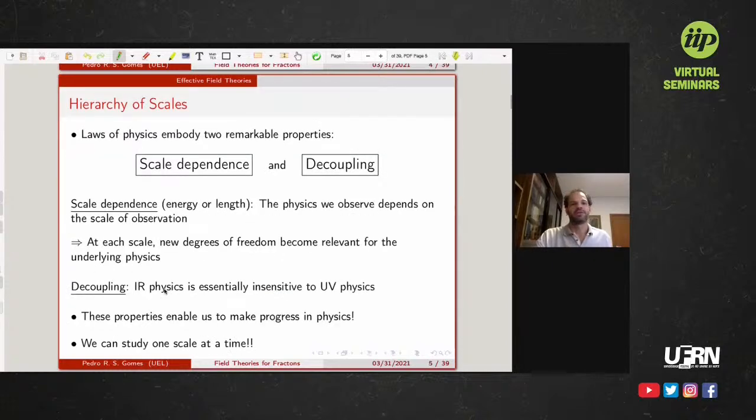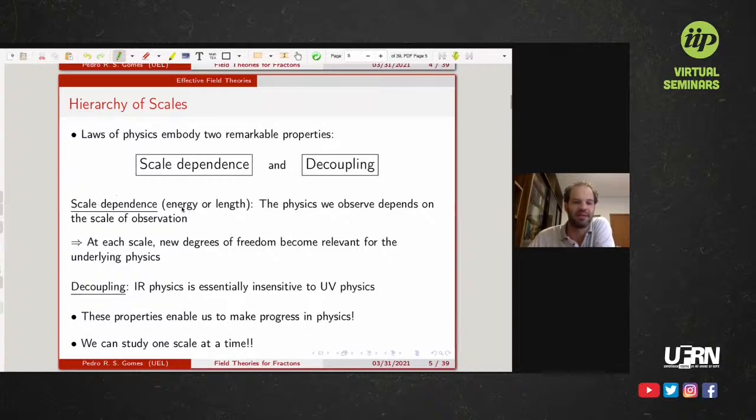All right, so I think a good starting point to the discussion of effective field theories is these two remarkable physical properties, scale dependence and decoupling. Okay, so let's start with scale dependence.